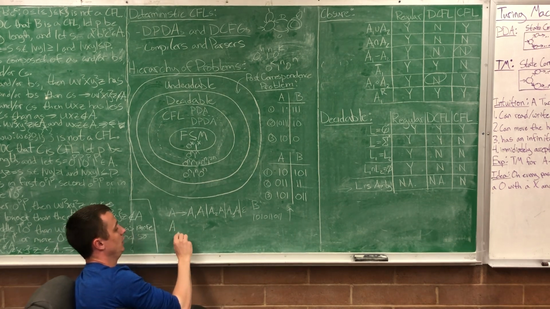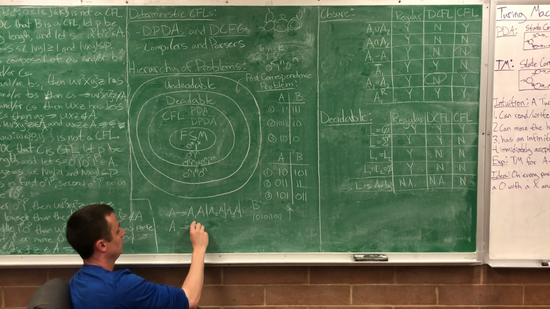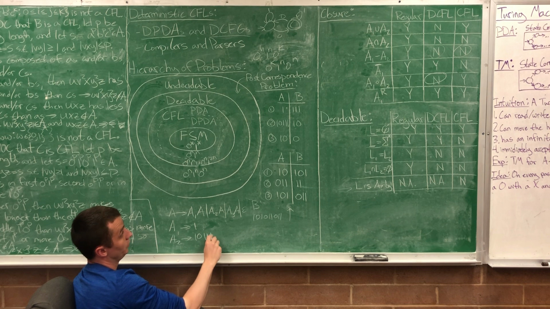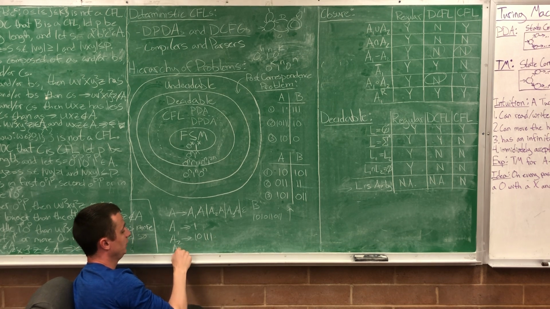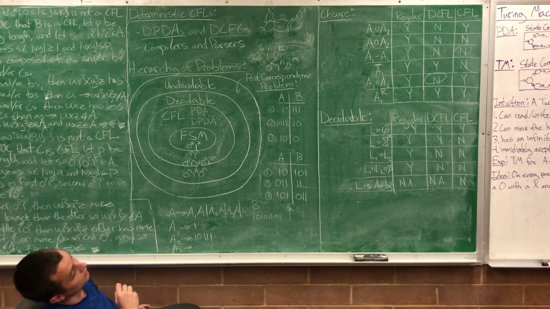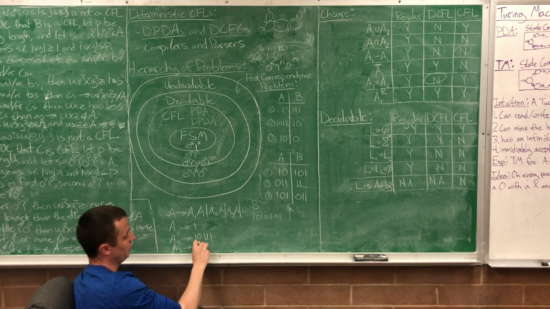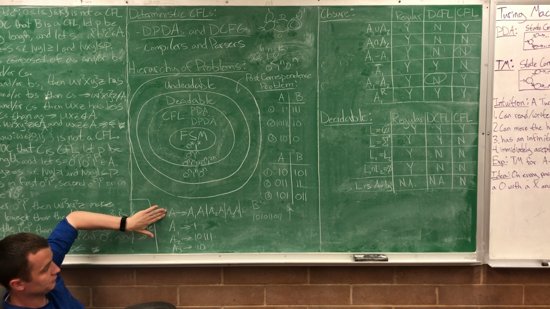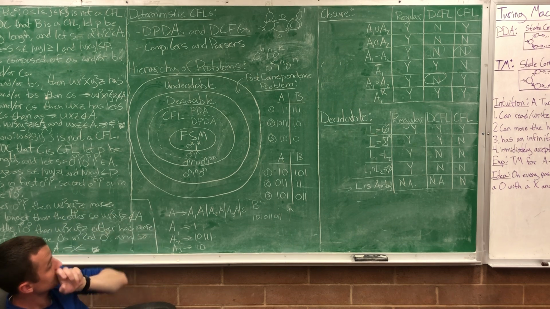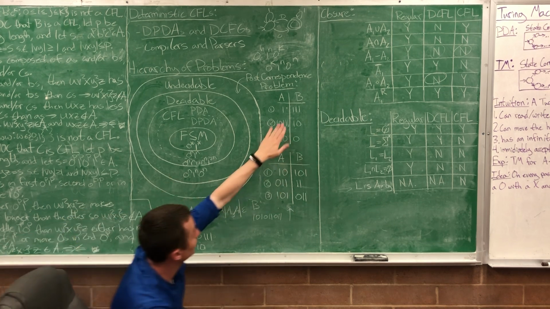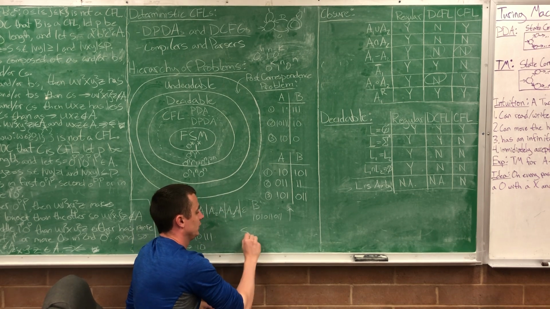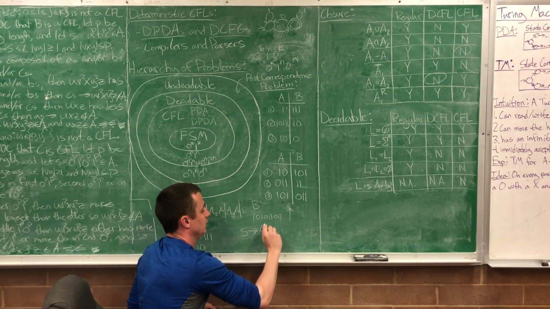And then A1 goes to 1, A2 goes to 101, 111, and A3 goes to 10. So I'm converting those rules into a grammar now. And we could do a similar thing for B here. Then I could create a new grammar. So I could do S goes to A or B.